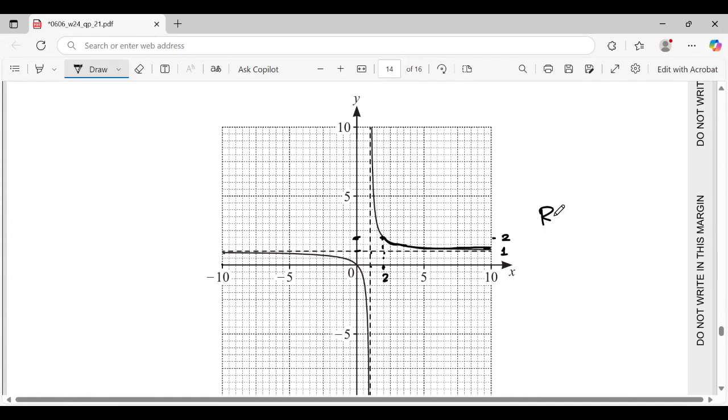So the range is g(x), or y, including 2 and greater than 1. Not including 1 because 1 is the asymptote.